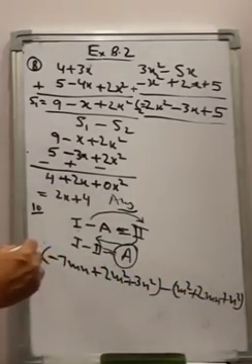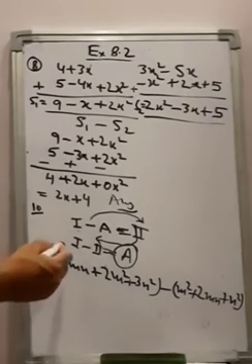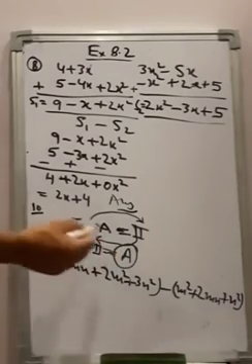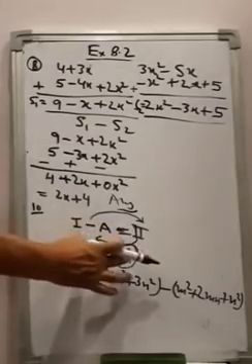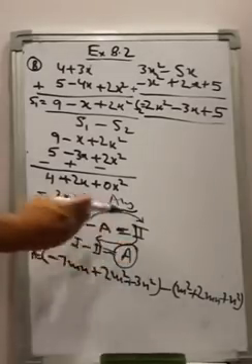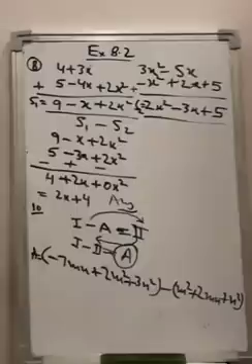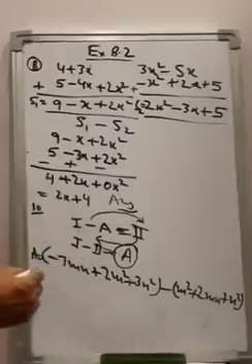So this is the value of A. Either you write A on the right hand side or left hand side, it does not matter, since both are equal. So A equal to first minus second. Interconversion in an equation is allowed.